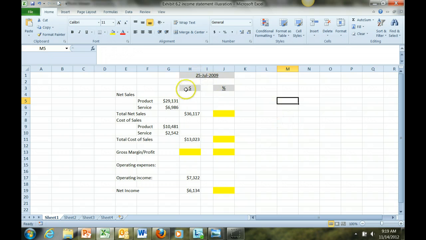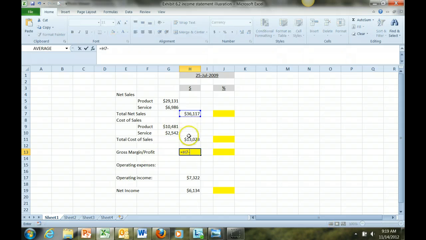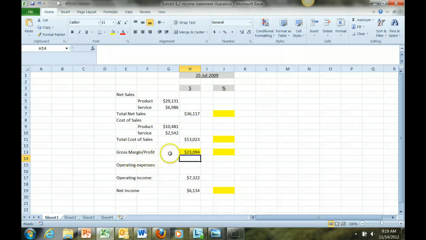First, we see a dollar column and a percentage column. The calculation of gross profit or gross margin dollars is simply top line sales minus the cost of those sales. So we see a gross margin or gross profit of $23,000.94. Now let's take a look at the percentage column.